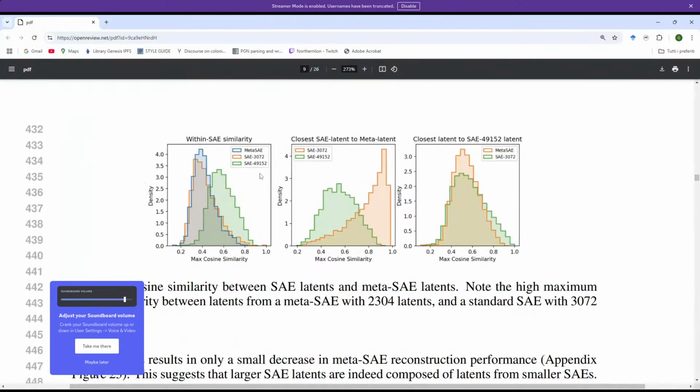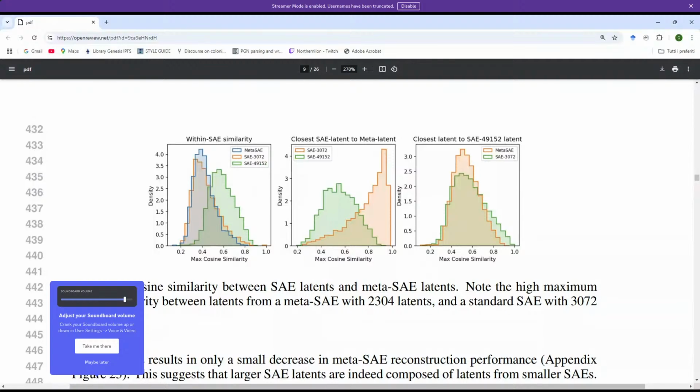The meta SAE is trained on the decoder of this larger SAE, and they find that the latents the meta SAE finds are closer to the behavior of a smaller SAE.